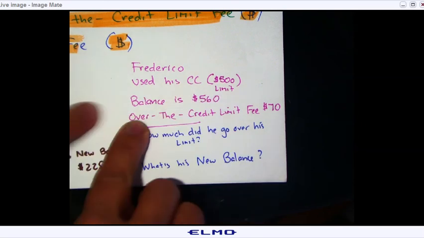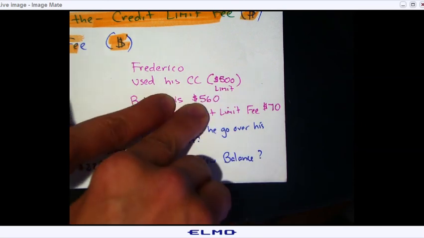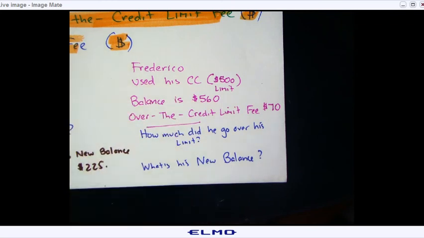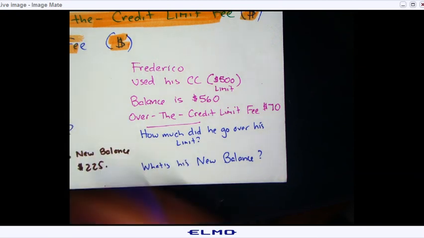That's the limit. So now when he used it, his balance is 560. Sorry about that, I was trying to write it where you don't have to write a lot. So how much did he go over by? If you could type it in.